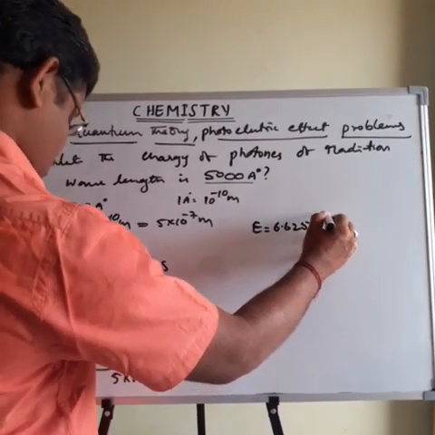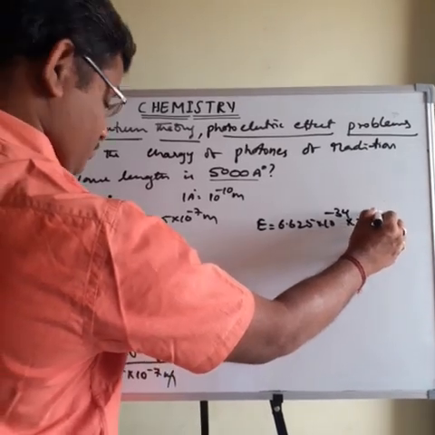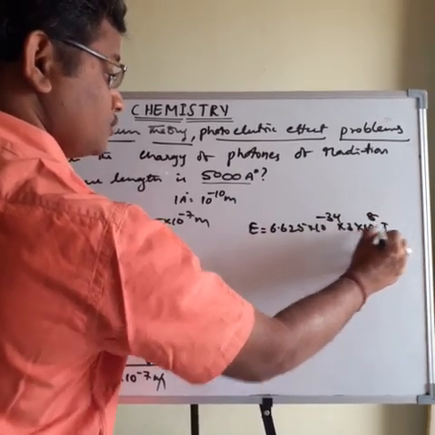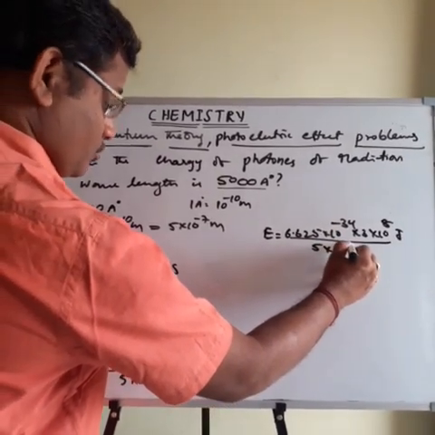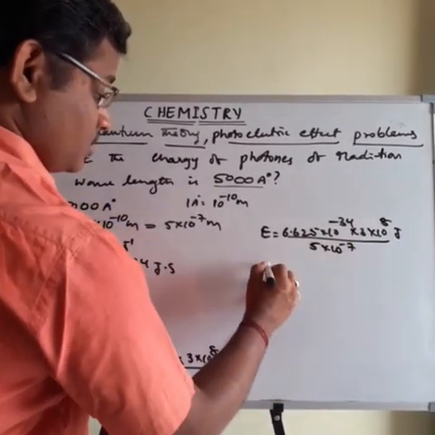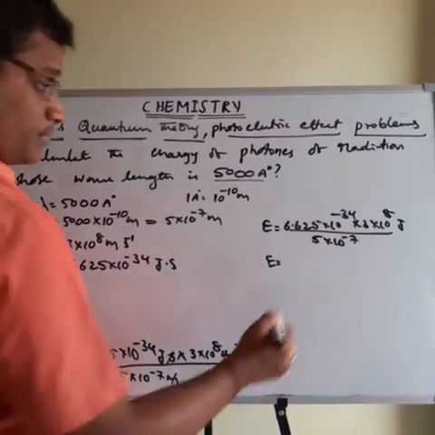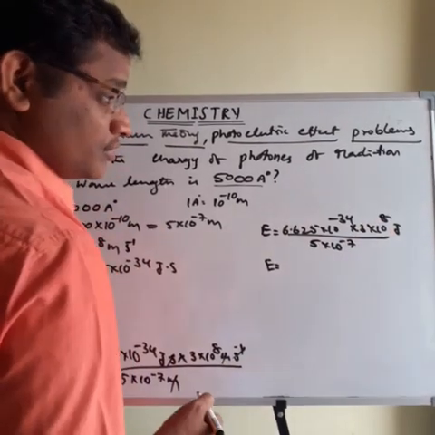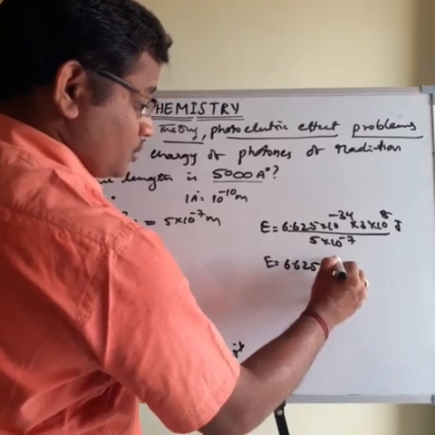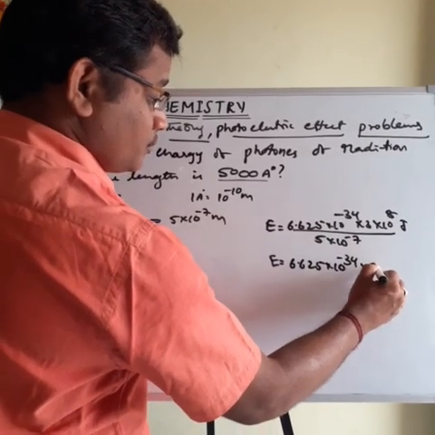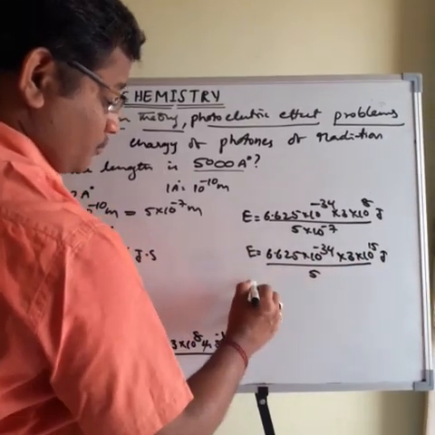Therefore energy E is equal to 6.625 into 10 power minus 34 into 3 into 10 power 8 joules divided by 5 into 10 power minus 7. The minus 7 in the denominator moves to the numerator as plus 7, so plus 7 plus 8 is 15. So 6.625 into 10 power minus 34 into 3 into 10 power 15 joule divided by 5.